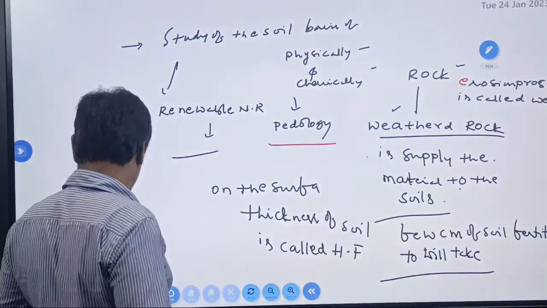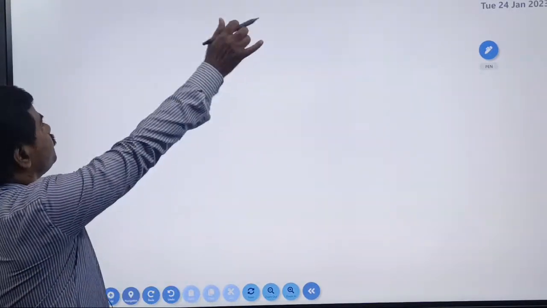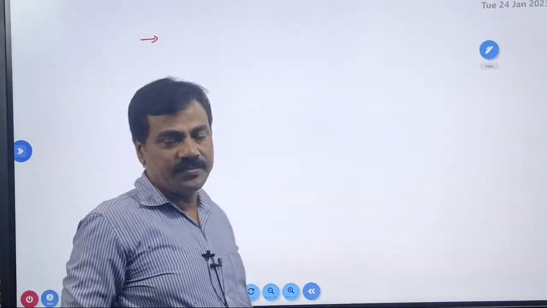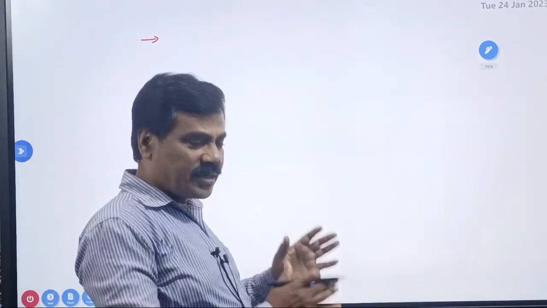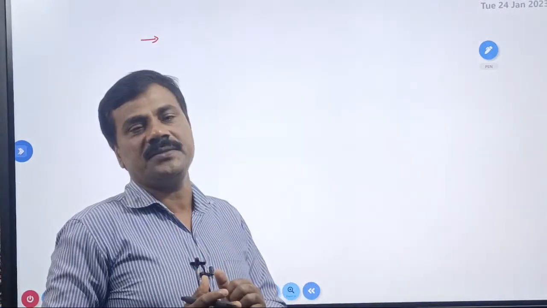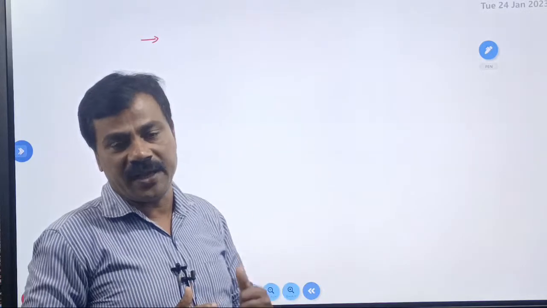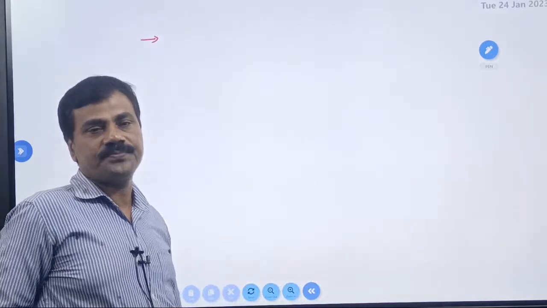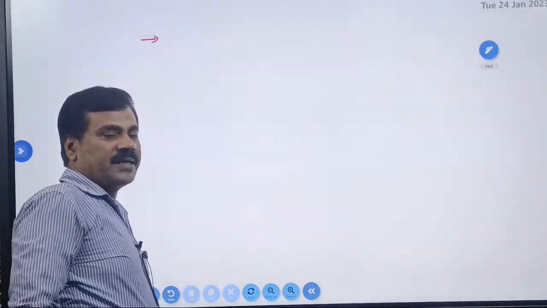Next, soil fertility majorly depends on certain factors. Once the fertility of the soil decreases, improving it again to the same fertility takes many years.